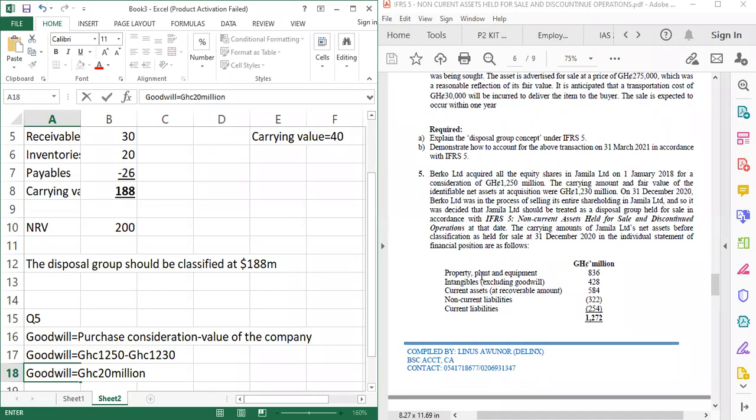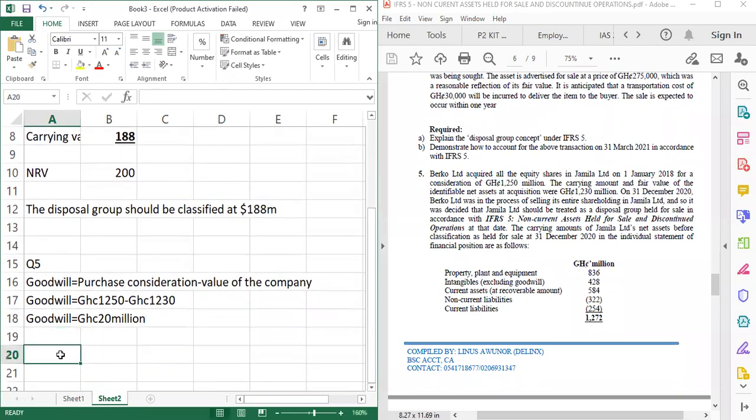Property, plant, and equipment, 800. Intangibles excluding what? Goodwill. The goodwill that they are talking about is the one that we have calculated over here, so it's not part of the intangibles there. Since we are putting it, we have to come and add it back. So let's come and see how we are going to treat the disposal group.